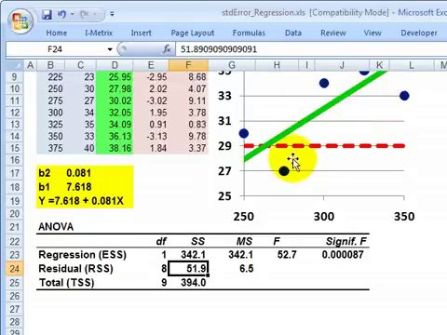And you can see that the tighter the fit to the line, the closer these dots are to the line, then the smaller that residual sum of squares value is going to be. And conversely, the larger will be the regression sum of squares. So what we really have here is, the larger this value relative to the total, the more explanatory the regression is.